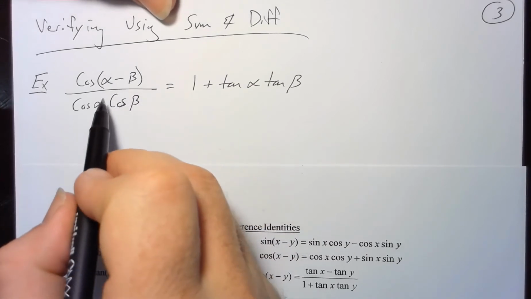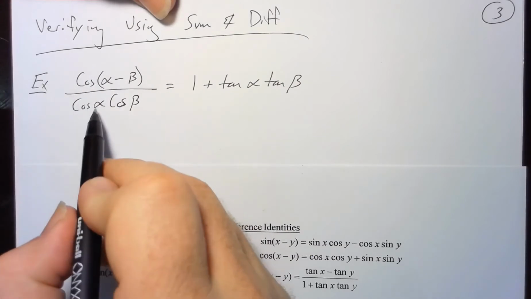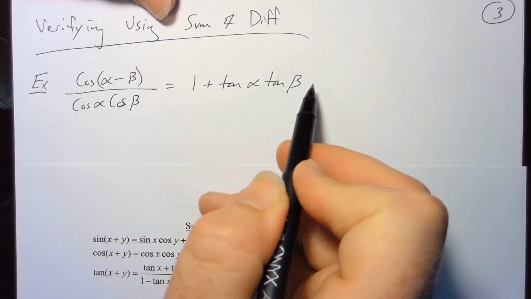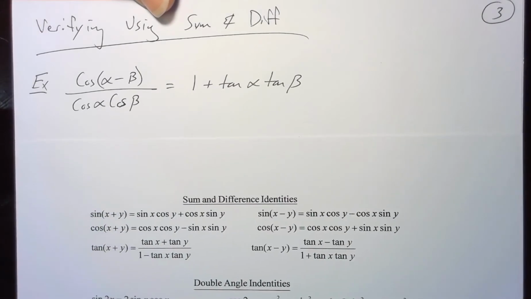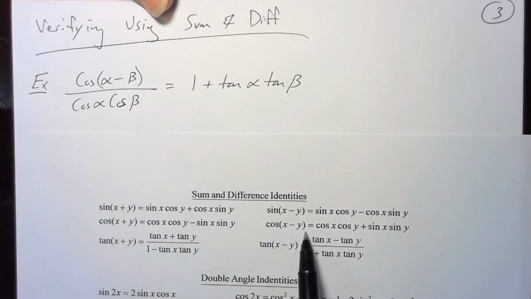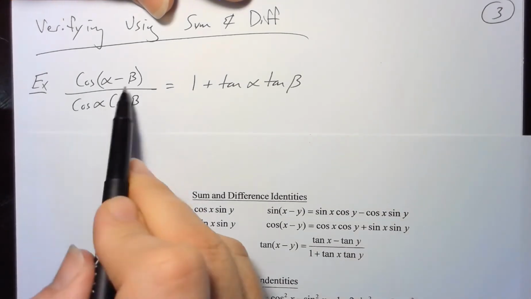It might make the most sense to narrow this particular expression down into things that only have alpha and beta singularly inside of that trig function. In that case, I'm going to use cosine of x minus y as my identity, where x is alpha and y is beta, and I'm going to rewrite that side of the expression.